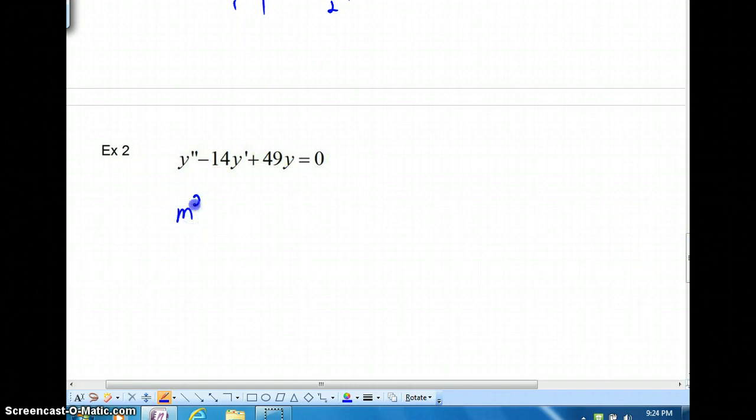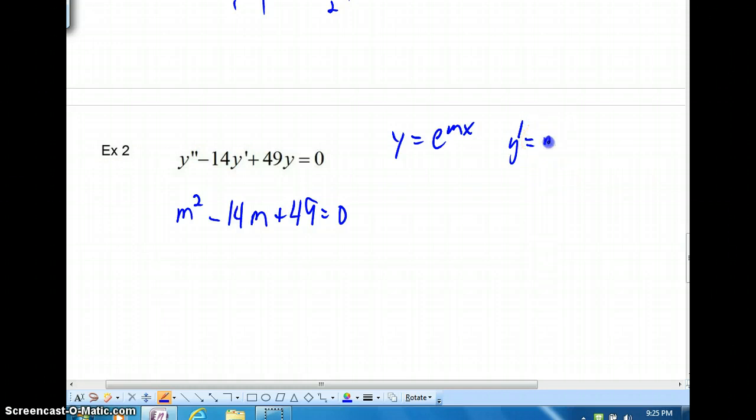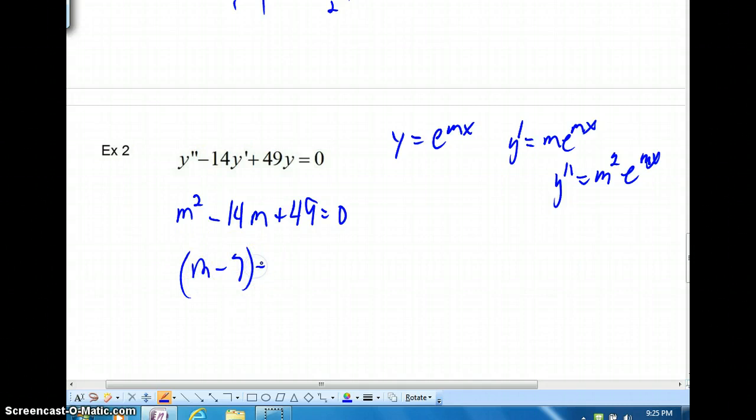Take a look at our next problem right here. Working this out very quickly in a similar fashion, if we were to again say y equaled e to the mx, y prime would be m e to the mx, and so forth. Once again, you arrive at a very simple quadratic. The big difference here is that you will have repeated factors. You get m is equal to 7 when you set m minus 7 equal to 0.